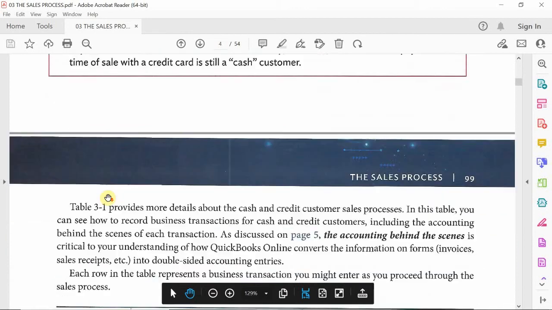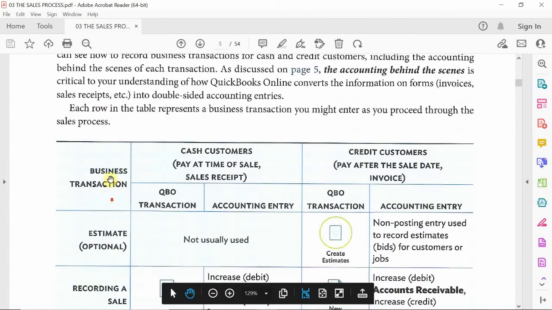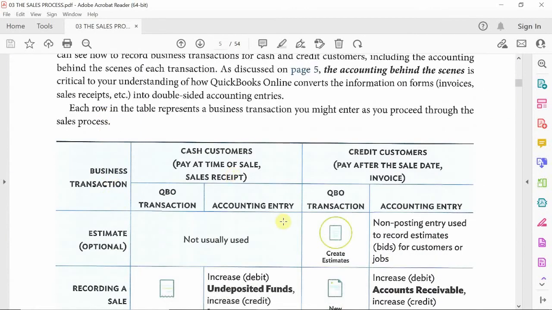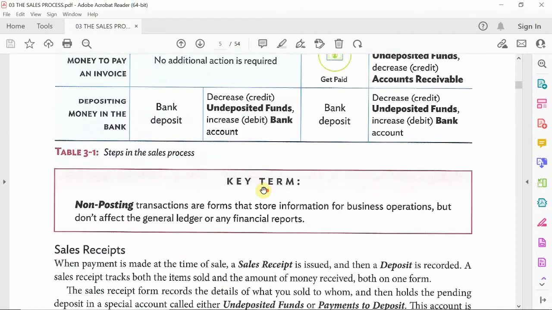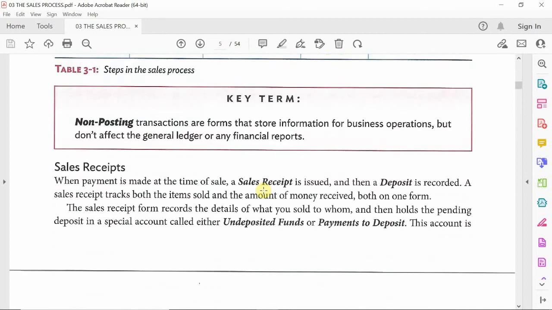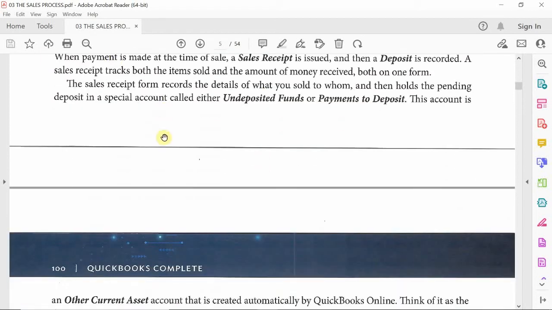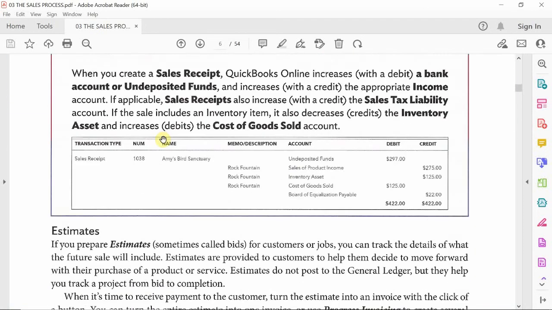Okay, so that's where you have to understand which forms to use. So again, our cash customers are going to be using sales receipts, while our credit customers are going to be using invoices.